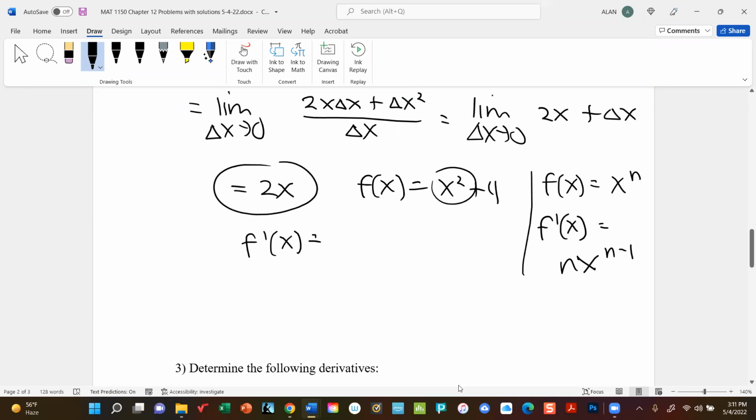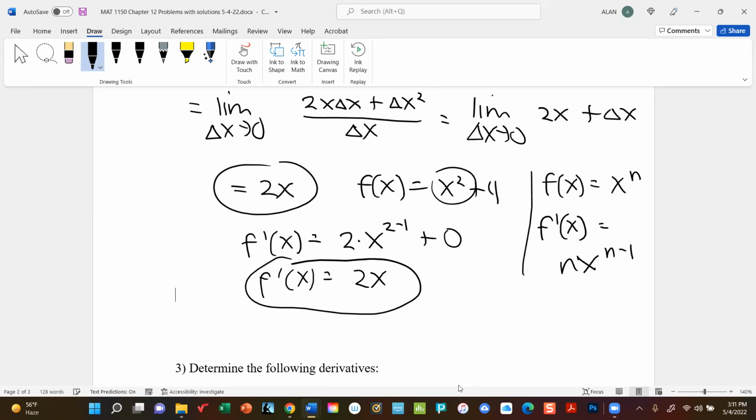So here, that's going to be 2x to the 2 minus 1. The derivative of a constant is just 0. So we actually end up here with 2 times x, and we're done. Either way, you have the same result. The first way is done with the formal definition of the derivative, and the second approach uses the rules that we developed.